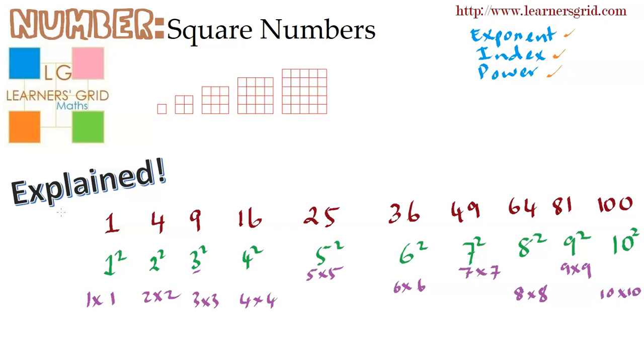And square numbers can be expressed like this. You actually give their value, or they can be expressed in this way as well, as one whole number squared. Okay, and that's it for now.